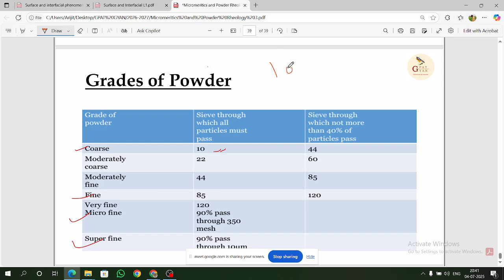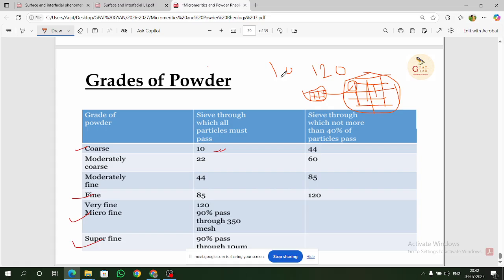Number 10 and number 120, which one will be smaller in pore size? Basic idea. 120, sir. Yes, because I have already told you, if you visualize a sieve, per unit square meter 10 pores will be there, so you can say 10 sieve.